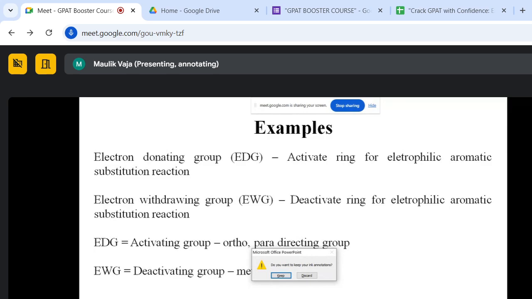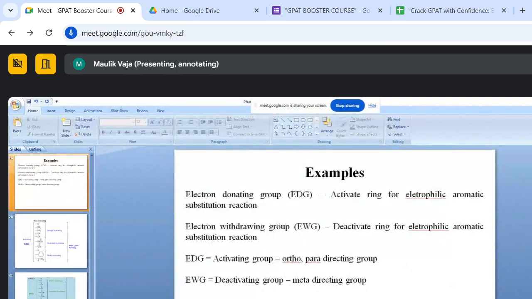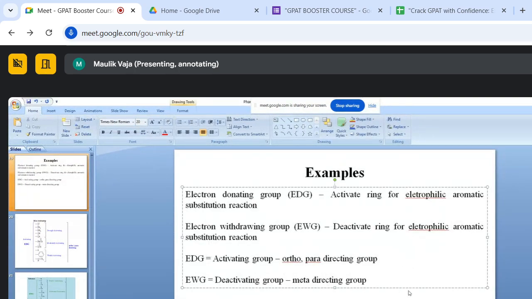But before that, I will include something like the electronegativity order. Electronegativity.